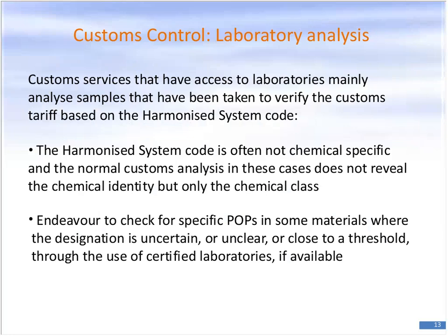And so what one could do is, if one has certified laboratories available, check for specific tests for POPs in some materials where the designation is uncertain or unclear but where you expect these POPs to be, and then you can use these results for your enforcement.